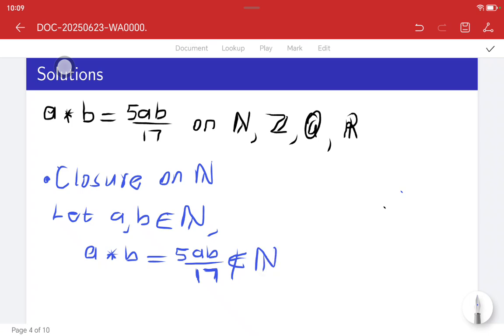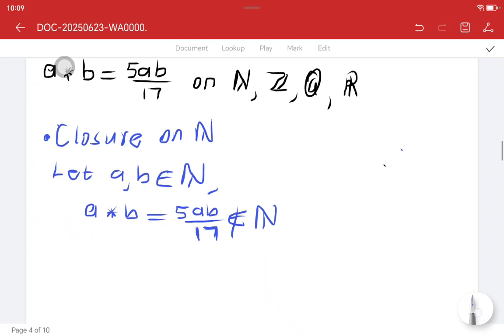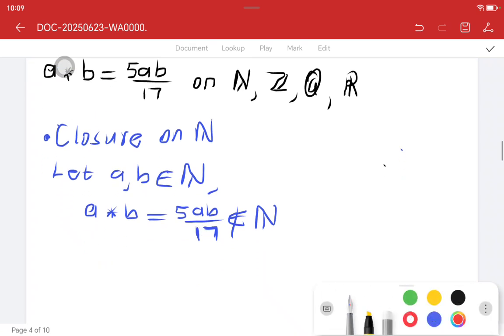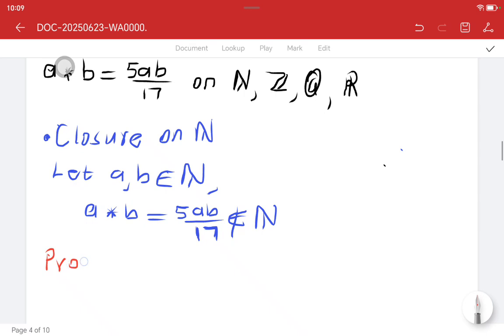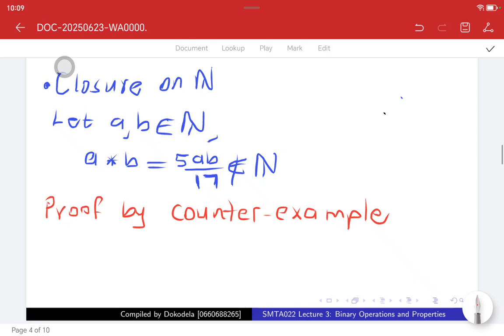Since this will not be an element of a natural number, we can show this by counterexample. We've learned proof by counterexample in SMTB000 and SMTA012, the previous level. Counterexample is usually used to prove that something is false. So even now we take two numbers.